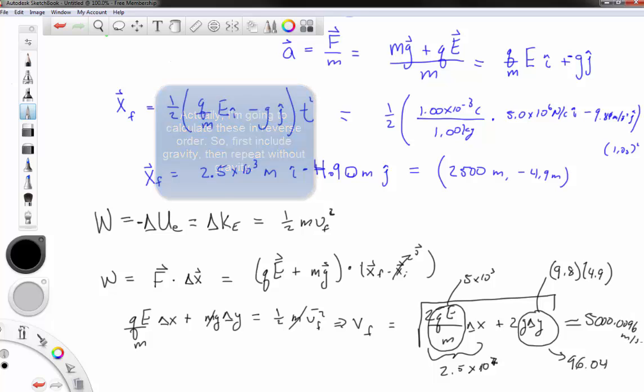And if you ignore gravity here, you have 25 million, the square root of which is 5,000. So gravity is very negligible in this problem. The particle practically moves in a straight line along the E field.